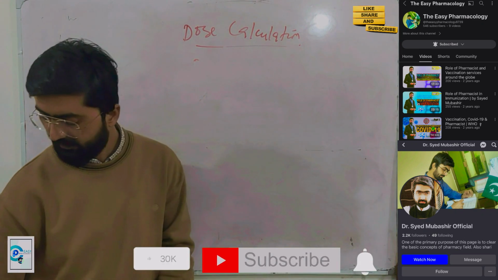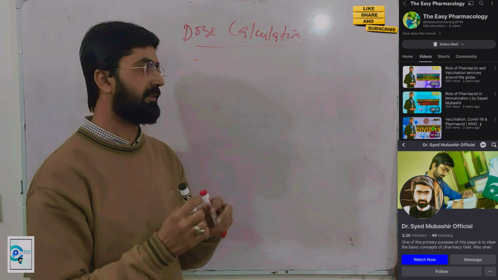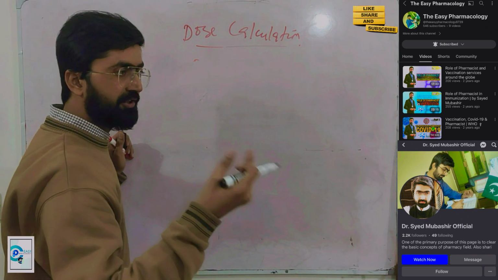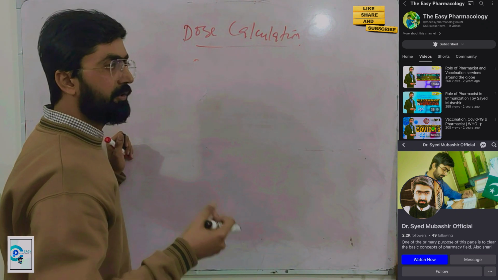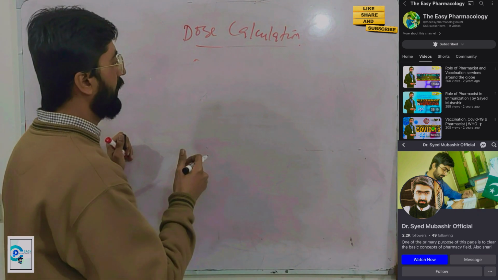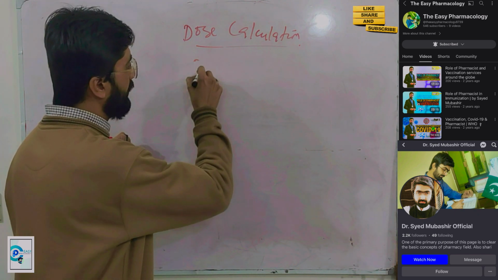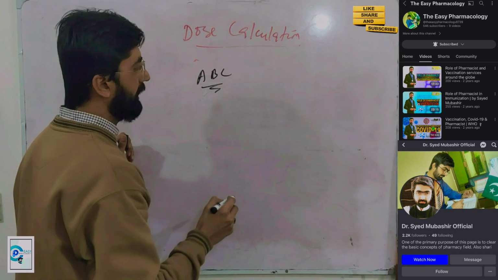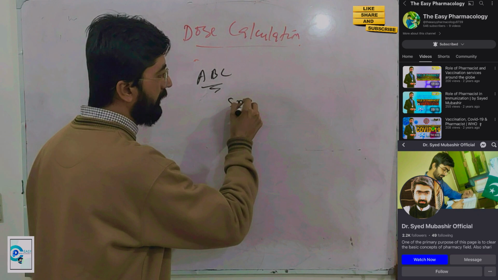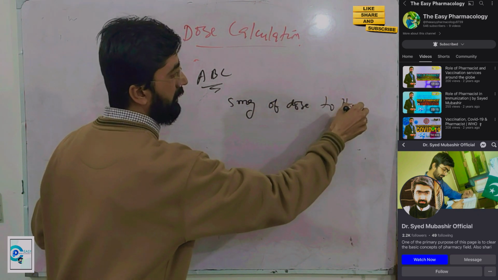Let's suppose a doctor prescribes, we are coming to a problem or exercise. Let's suppose a doctor prescribes a dose of a drug for a patient. Let's suppose the drug is A, B, C, and the doctor prescribes that you have to give 5 milligram of dose to the patient.